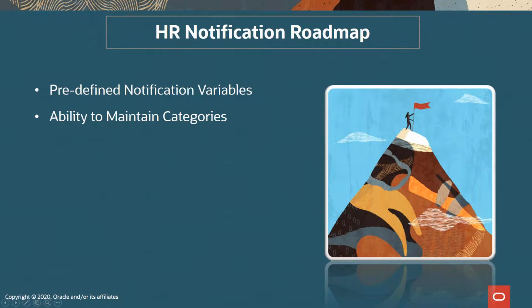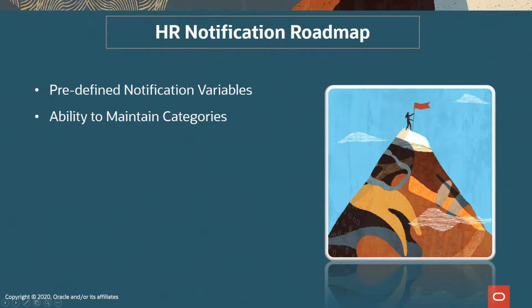You want to personalize it a little bit by using their name, maybe their job title, or something about them that can be gleaned from their job information, for instance. So we are looking at how we can, kind of like how we predefined those recipient types, predefine some of the notification variables that you can use from one message to another.